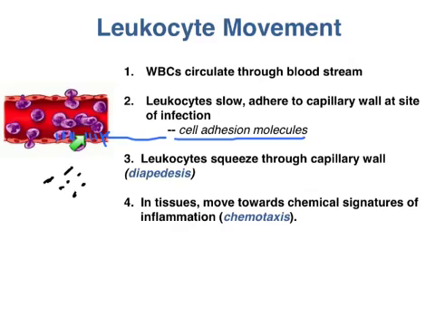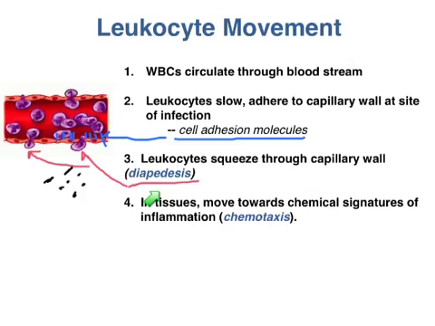This process is called diapedesis. So that's what that leukocyte is doing right there and there. That's how the leukocytes get out of the blood. So the cell adhesion molecules tell the leukocytes where to get out of the blood. Diapedesis is the process of them leaving the blood.